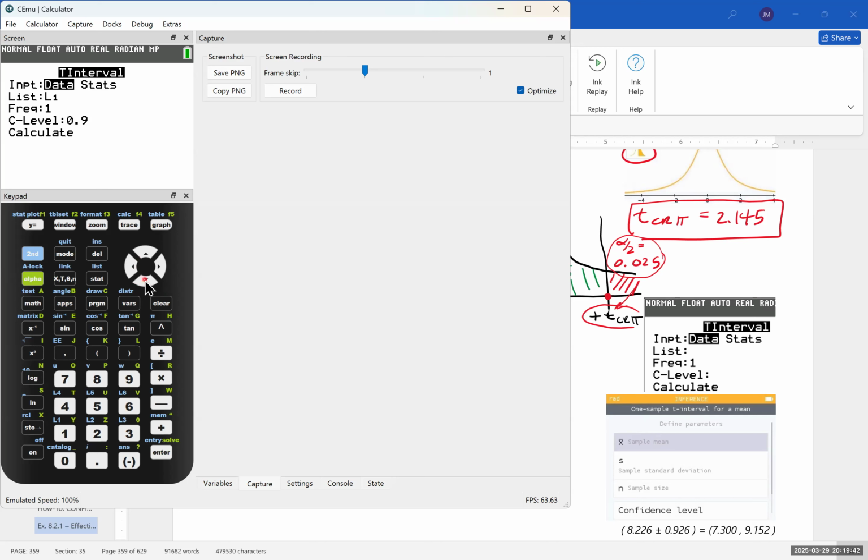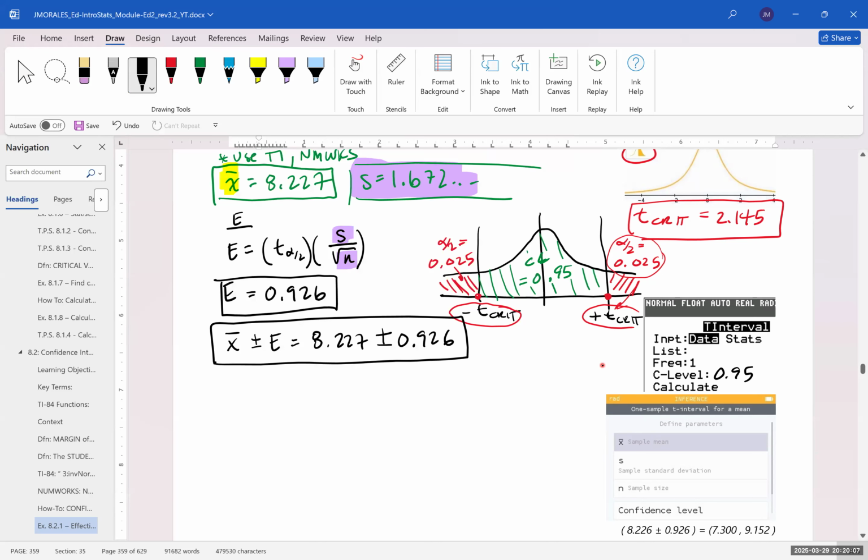Okay, list one with a confidence level. I think that was 95%, so I'm going to put 0.95 and hit calculate. Okay, those values look right. So that would be the interval in that notation.